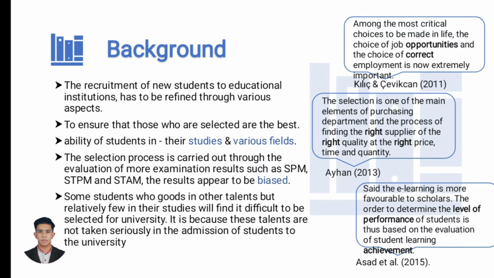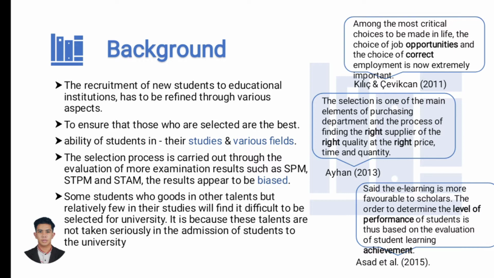Background of the introduction. The requirement of new students to an educational institution has to be refined through various aspects to ensure that those who are selected have the best ability in their studies and various fields. The selection process is carried out through the evaluation of examination results such as SPM, STBM, and STAM.